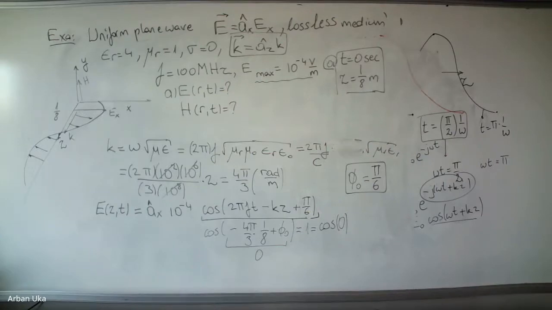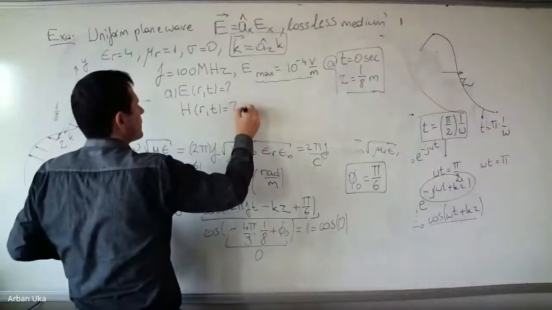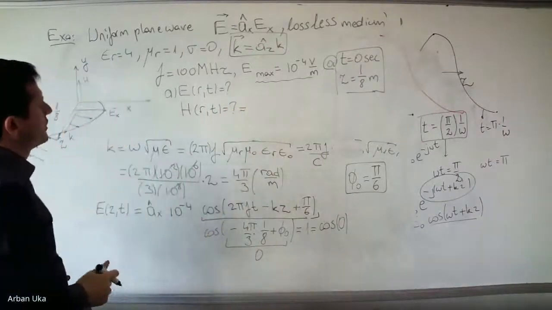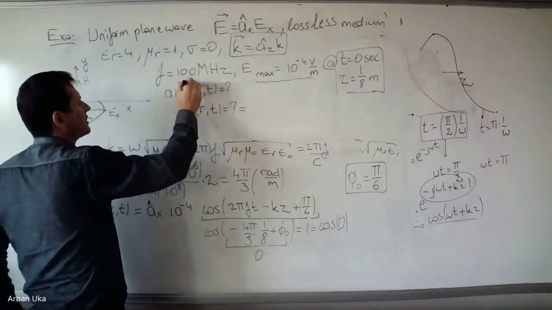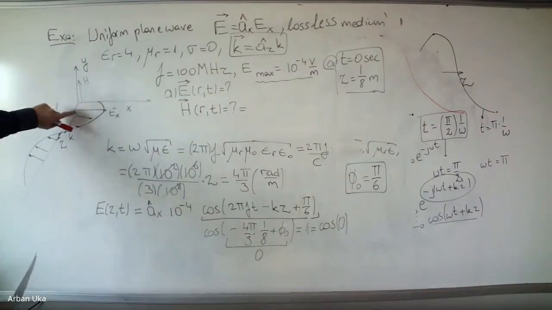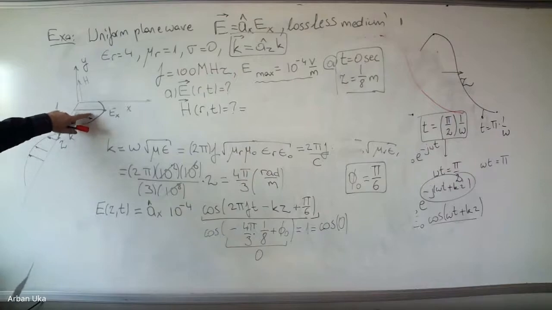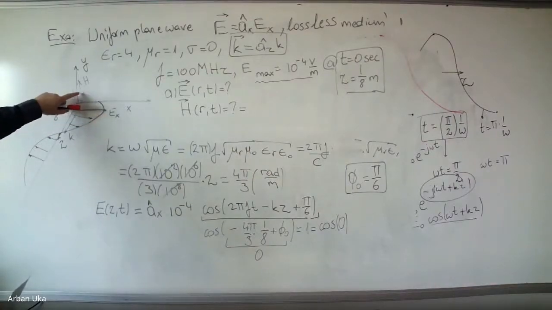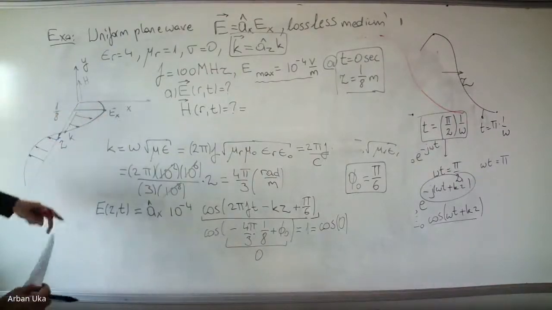And for this, I guess, regarding this, first of all, we need to find the direction. And as we mentioned before, a_x times a_y should be equal to the direction of the propagation.